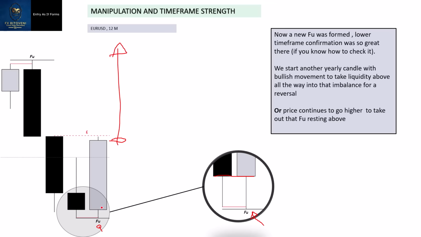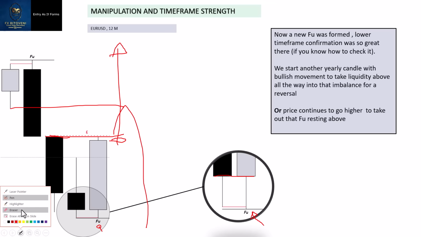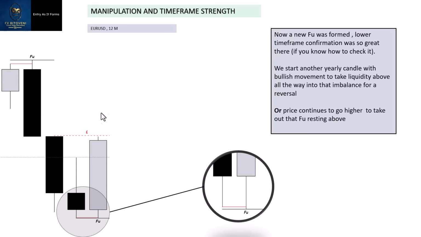Quick liquidity is here to target, trading into this imbalance. If market has to make a reversal, it will make a reversal here, or it will go to grab what? To take out this liquidity, this high, because every high, every candle has liquidity. Even if it is FU, there is liquidity, right?